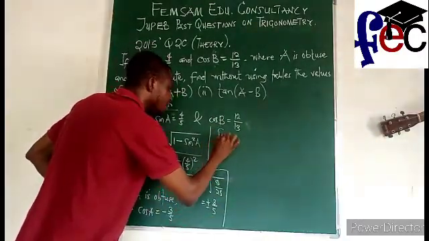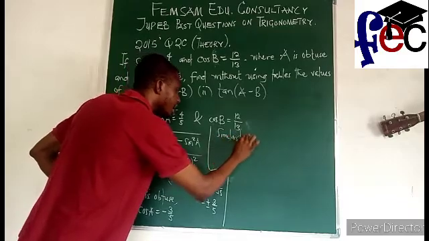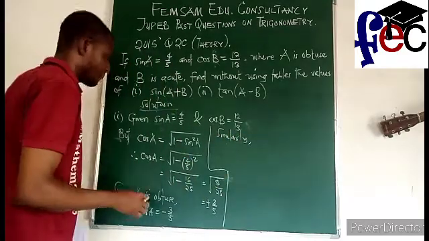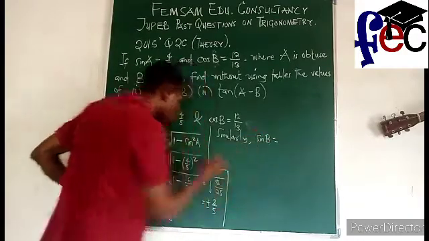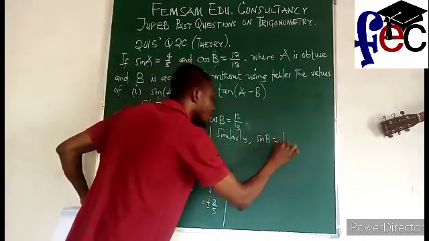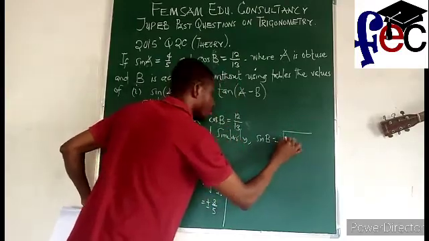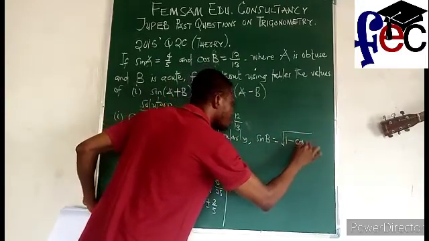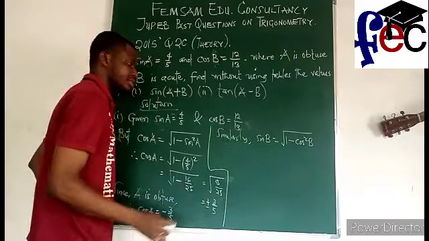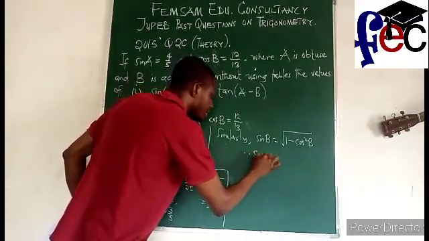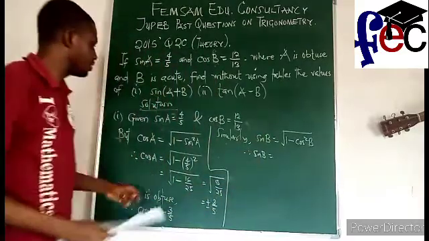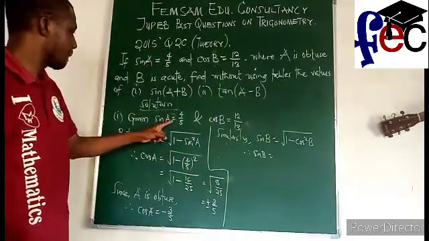So similarly, sine B, we also follow the same pattern. That's square root of what? 1 minus cos squared B. So therefore sine B will become what? What is sine B going to be?